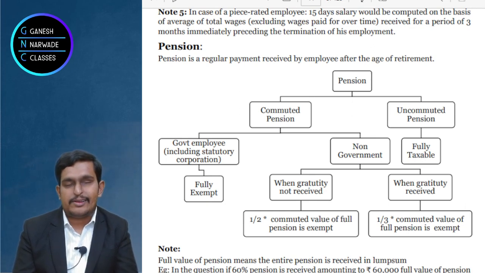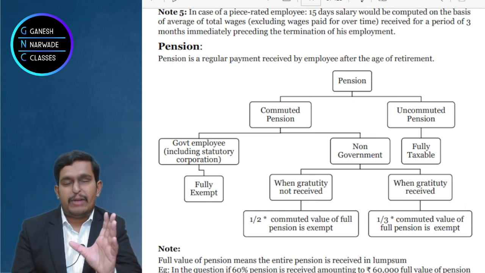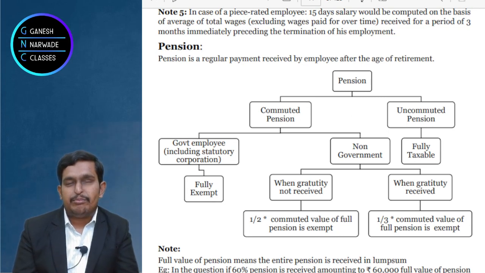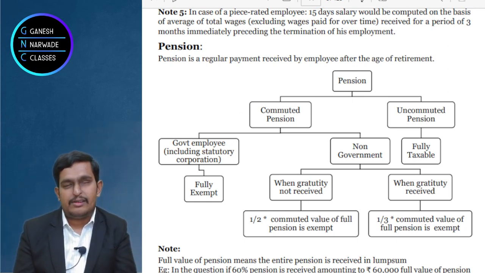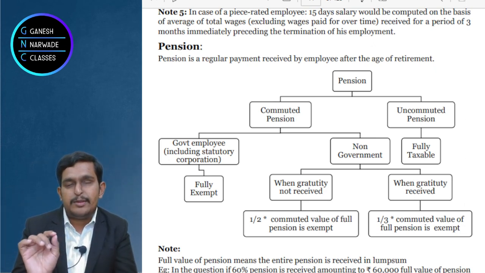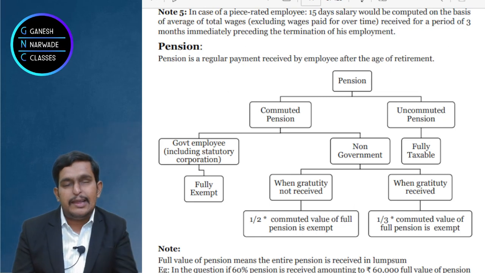Now, first question: monthly pension. When you receive monthly pension, it is fully taxable. We can also use the word uncommuted pension. So monthly pension, uncommuted pension is fully taxable.